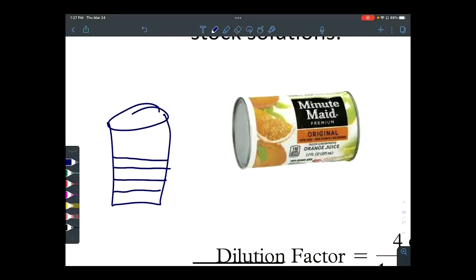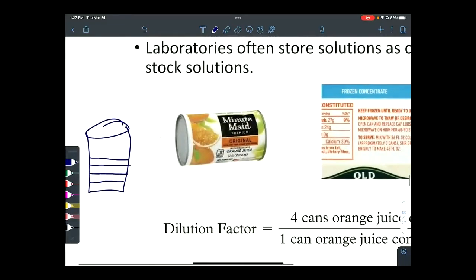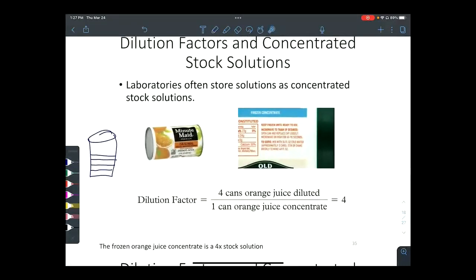This is the idea of a dilution factor. Once you are done making your orange drink, you have a total of 4 cans worth of volume, but you started with 1 can. Water in this case would be the solvent, and the concentrate is your solute. You're making a final solution volume of 4 cans worth, so we say that the dilution factor is 4.